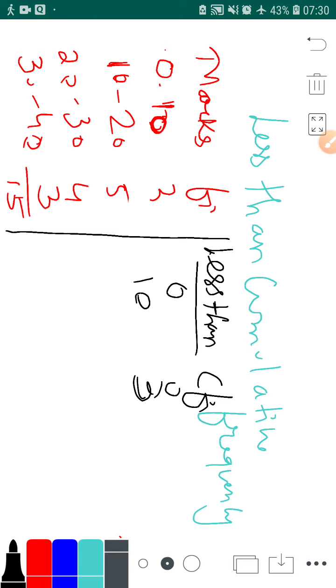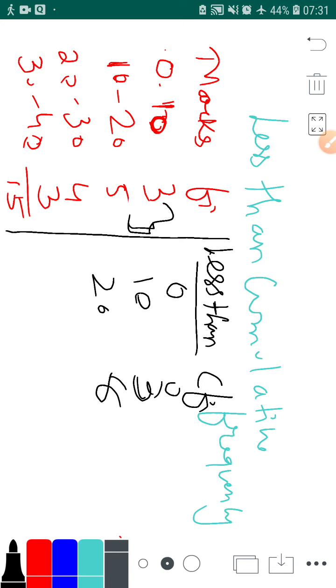Now if I tell you less than 20 marks, how many students are having less than 20 marks? So your answer should be that 8 students are having less than 20 marks. How, sir, this 8 came? It is addition of 3 and 5. Why so, sir?